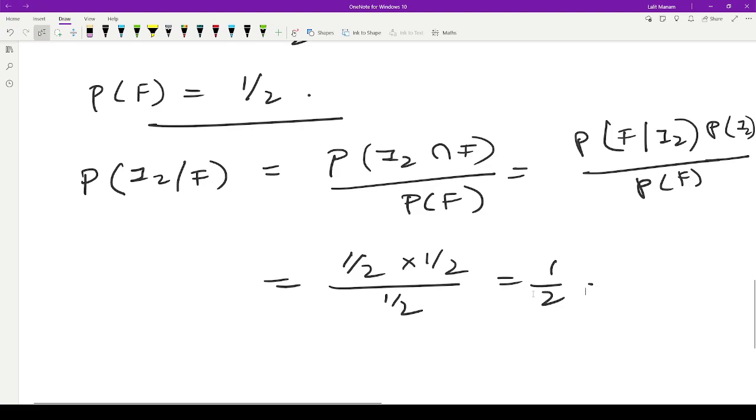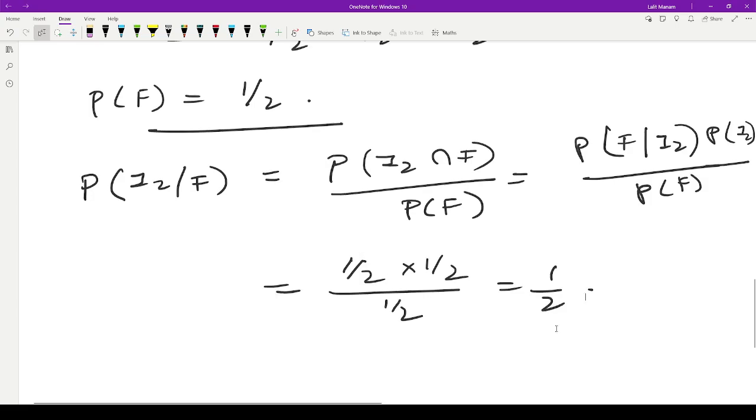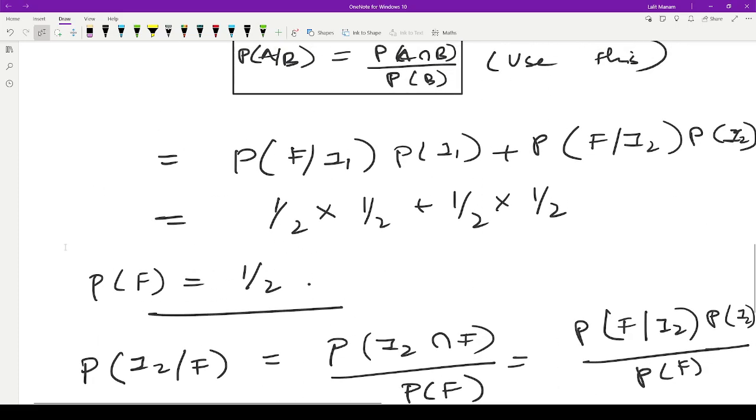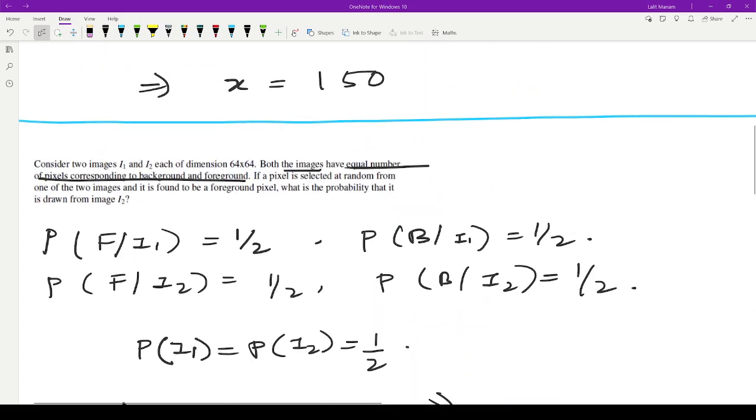Okay, yeah, I guess that is, yeah. So can we normally calculate probability of F using the number of pixels there? Oh, okay. So they are given a 64 cross 64 image. So that means the number of pixels is, 64 is 2 to the power 6, right?